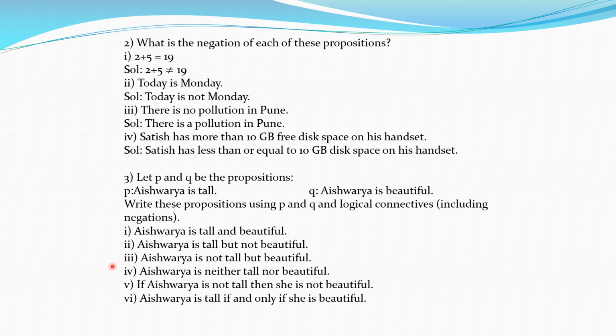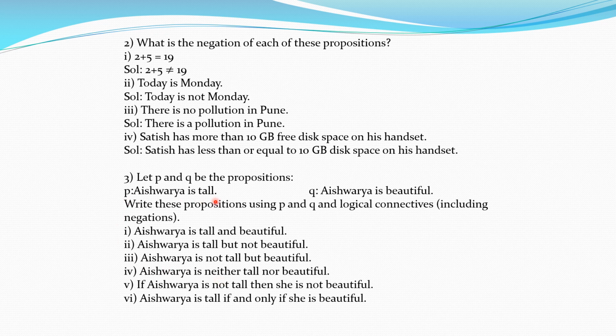Now third one: Aishwarya is not tall but beautiful. So but is same as and. So this is Aishwarya is not tall and Aishwarya is beautiful. Not tall is negation P, and Q. Now: Aishwarya is neither tall nor beautiful. It means Aishwarya is not tall and Aishwarya is not beautiful.